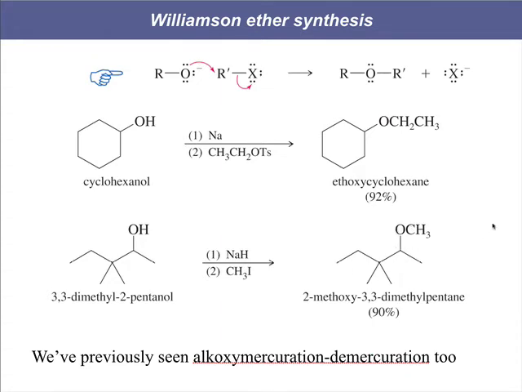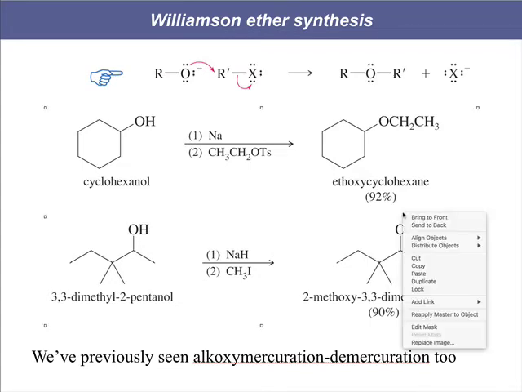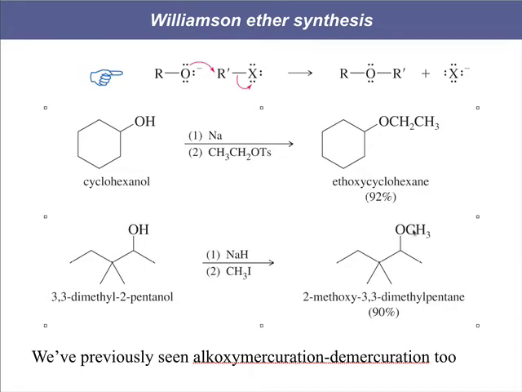Now, notice how it's difficult to name this using the common alkyl ether nomenclature system. You've got methyl on one side, that's easy. But then what would we call this? It's like a pentyl with a 3,3-dimethyl. It's hard to name that as a substituent. It's much easier to name it as a 5-carbon chain, a pentane, with a 3,3-dimethyl and a 2-methoxy.